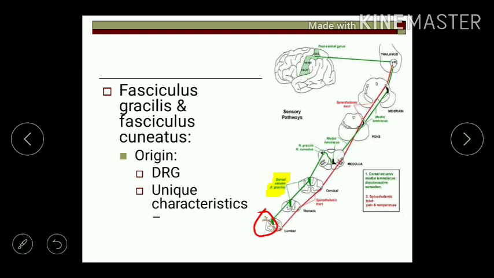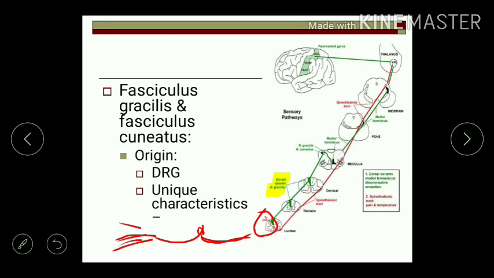So the neuron is like this, the dorsal root ganglion. You can see here, this is the neuron, pseudo-unipolar. So these are dendrites, they carry information, and this is the axon which carries information towards the central nervous system. Now, one of the important characteristics of this tract is that most of the tracts we have discussed are made up of second order neurons. As we have discussed, three orders of neurons are there, first, second and third. The first order neuron is always the dorsal root ganglion in all the tracts.